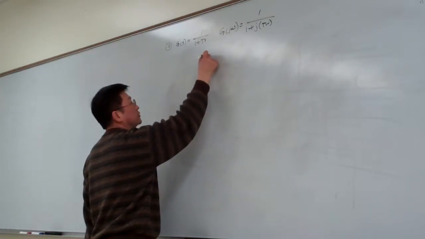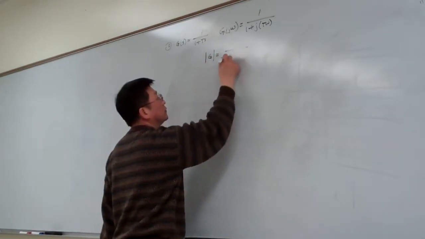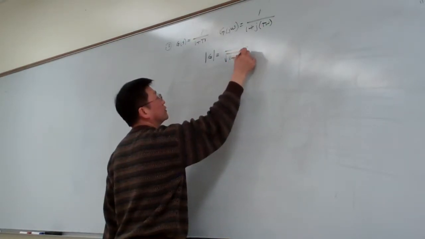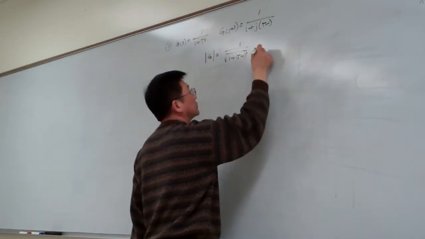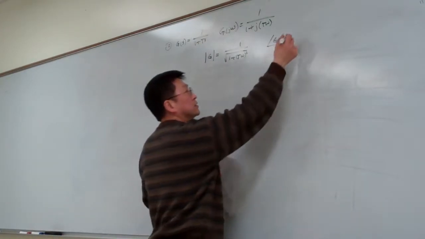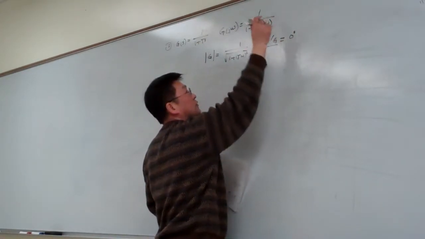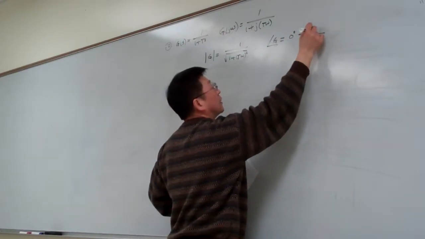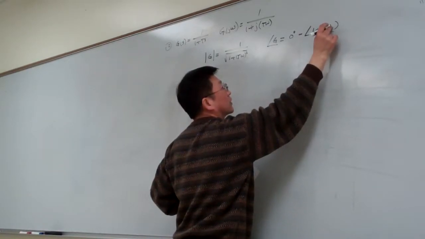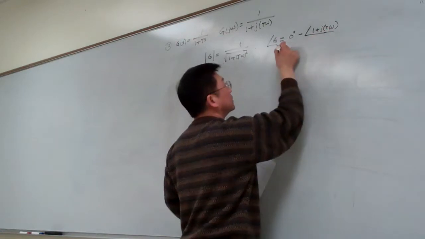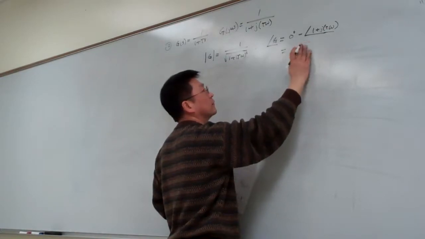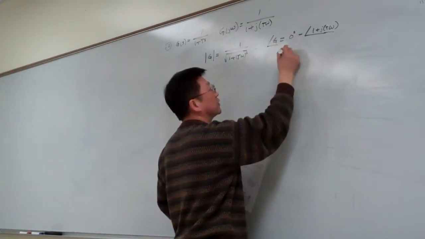So again, the magnitude equal to the square root of 1 plus (Tω) squared, and the angle is equal to 0 degrees for the numerator minus the angle of the denominator, Tω. So basically this one equal to minus, we just keep it.